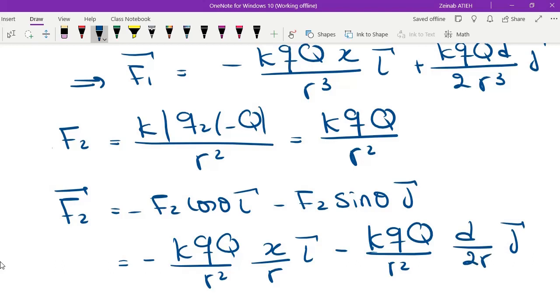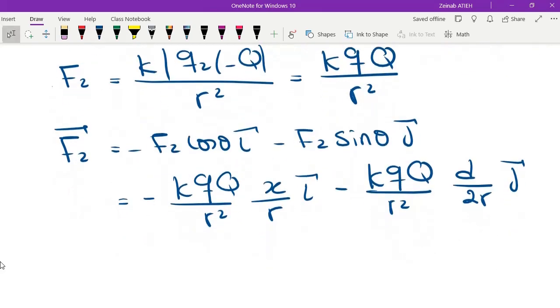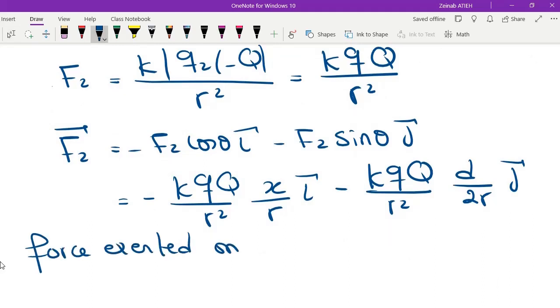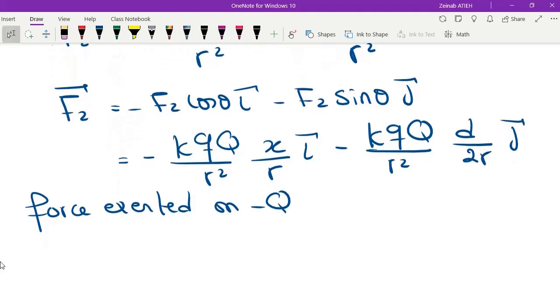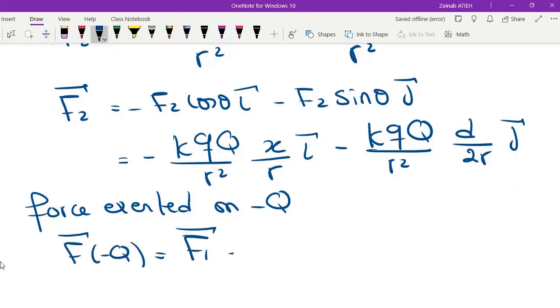Okay, now I have found f1 and f2. Now I can find the force exerted on minus q. So the force exerted on minus q, f on minus q, is simply adding them. So it's f1 plus f2.